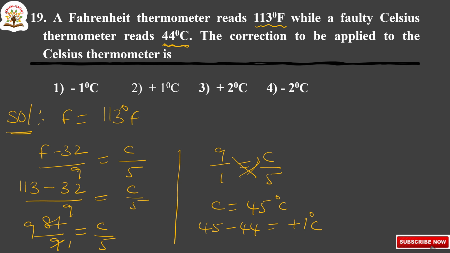So the correction to be applied to the Celsius thermometer is plus 1 degree centigrade. So which option is correct? Second option is correct. Therefore correction is equal to plus 1 degree centigrade. This is the final answer.